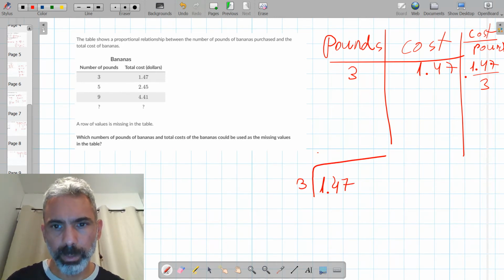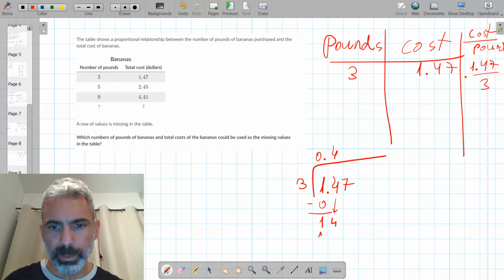Okay, 1.47 divided by 3. 3 doesn't go into 1, so this is 0 point something. 0 times 3 is 0. 1 minus 0 is 1. Bring down 4. 3 goes into 14 4 times. 4 times 3 is 12. Subtract, 2 left.